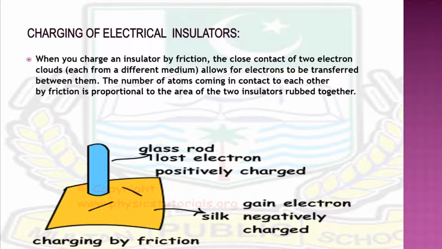The number of atoms coming in contact with each other by friction is proportional to the area of the two insulators rubbed together. You can see in this picture that while you are rubbing a glass rod with a silk cloth, the glass rod will lose electrons and the silk will gain electrons, so it becomes negatively charged.